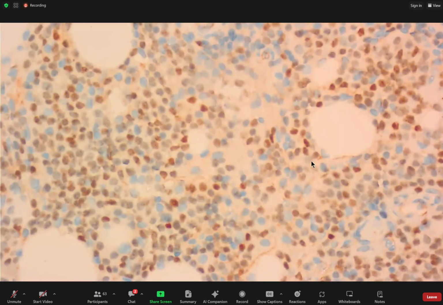This is PAX5 nuclear staining. You can see the abnormal cells are positive for PAX5, whereas plasma cells are usually PAX5 negative. So because of this, it is a B cell pathology with plasmacytic differentiation, and these abnormal cells are, this is kappa.